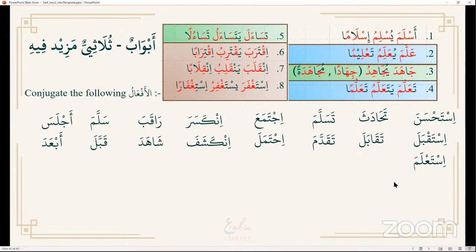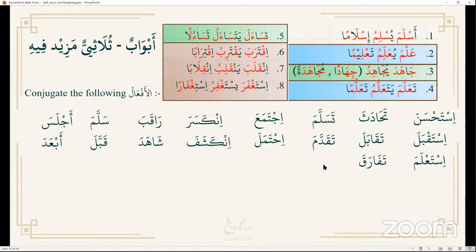Ista'alama, yasta'alimu, then isti'laman. Tafaraqa, yatafaraqu, tafaruqan. Good.